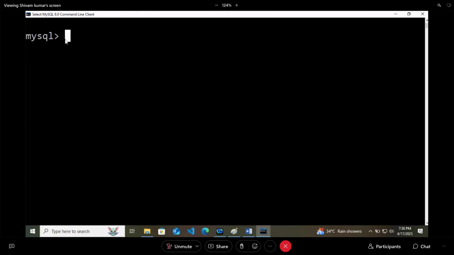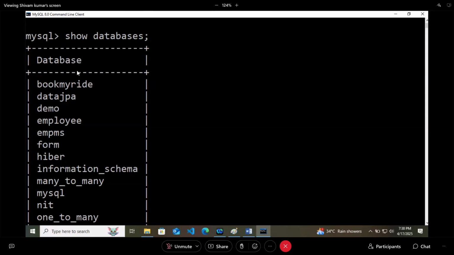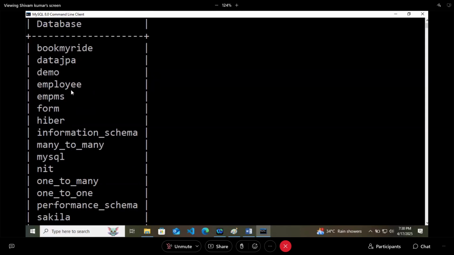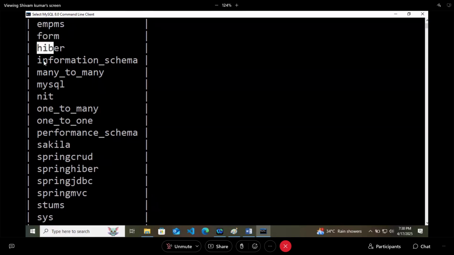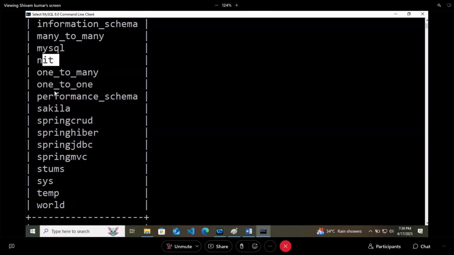Now I will write a query here: show databases. These are the databases that are available within my MySQL: book my ride, a demo, employee, and many others. A lot are available.